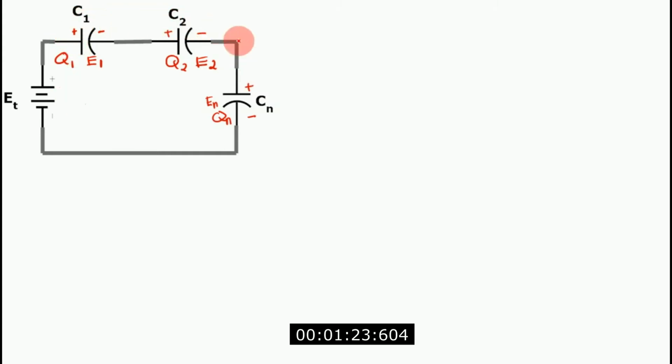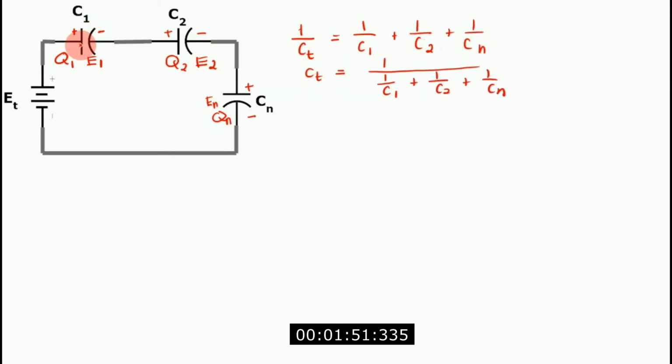If it is connected in series, the behavior of the capacitances here, if you are going to get the summation of all the capacitances that are connected in series, it is just the inverse proportional. I will use here C sub T for my total capacitance, which is equivalent to the inverse capacitance of capacitor 1, which is C sub 1, plus the inverse capacitance of capacitor 2, and also the inverse capacitance of N. So for you to get C sub T, this is the opposite of the resistor.